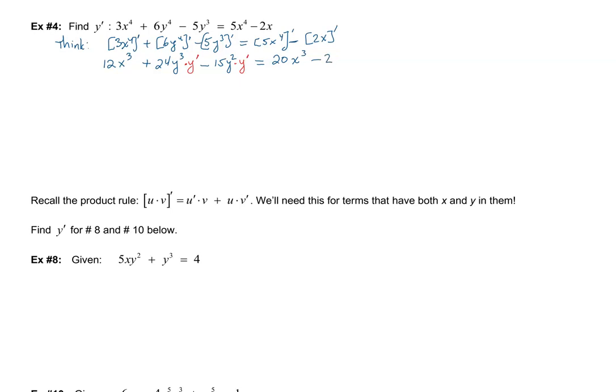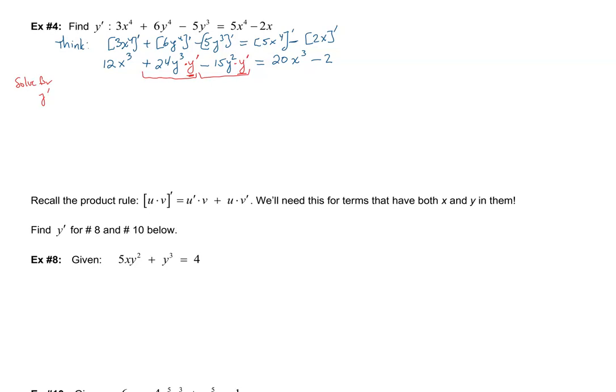All right, so now to solve for y prime, we're going to go ahead and leave the two terms with y prime where they are. And in fact, I'm going to factor out that y prime from those two terms. And I'll go ahead and move the 12x cubed over. I'll subtract that over.